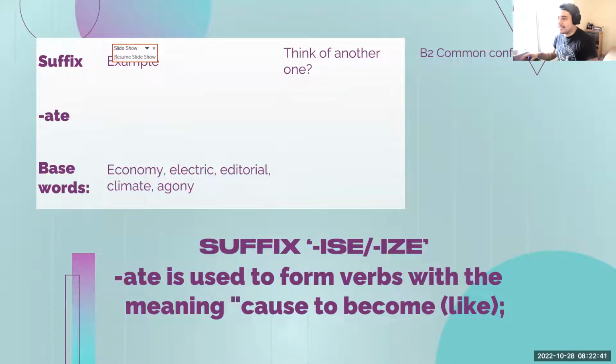It's very interesting because here you have economy is a noun, electric is an adjective, editorial is a noun, climate is a noun, and agony is a noun. So technically we are transforming nouns and adjectives into verbs. Economy transformed into a verb is to economize, or economise with S.